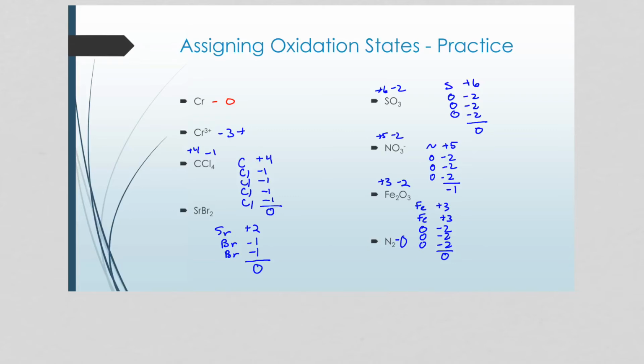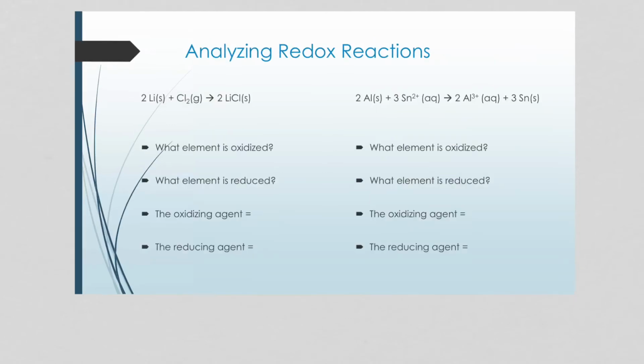Okay, so here we get the idea of using the rules, right? So what we want to do with this is then take these rules and apply them to reactions, right? We want to analyze redox reactions. So let's take a couple of sample reactions. So here we have a reaction between lithium and chlorine gas to form lithium chloride.